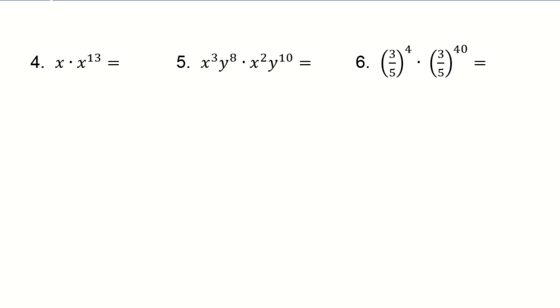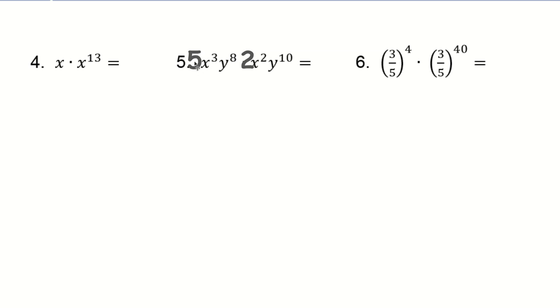Okay. Now let's say we had some numbers involved as well out in front. So it was like 5x to the 3rd y to the 8th times 2x to the 2nd y to the 10th. 5 times 2, that's just typical regular 5 times 2 that you learned back in like 2nd grade or whatever, okay?